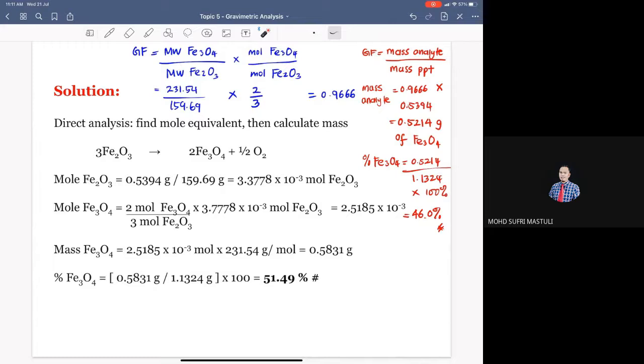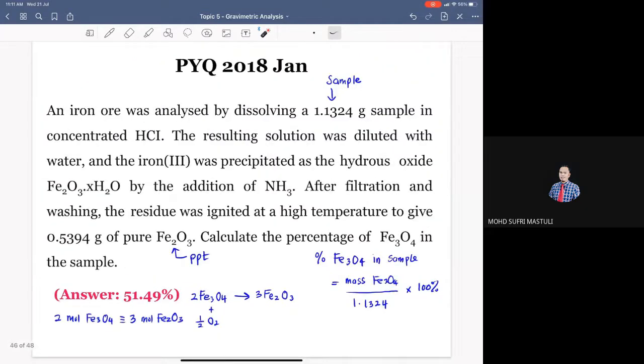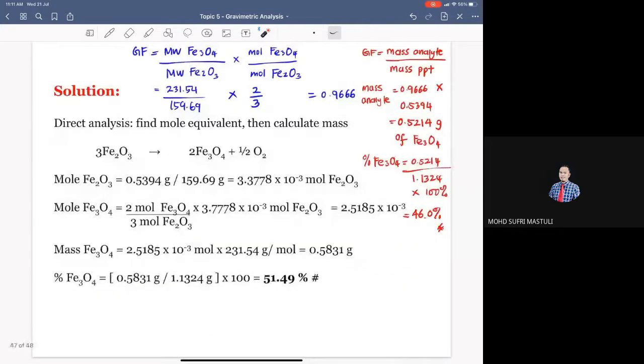You can double check. In this answer it is given, find out the mole from direct analysis: the mole of Fe2O3, so the mass over the molecular mass, and then you can obtain the mole number.